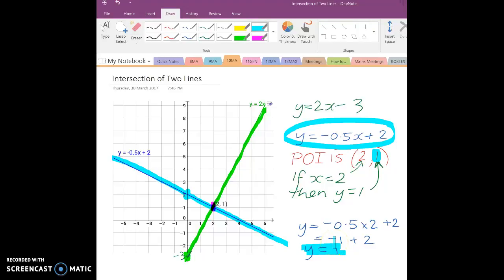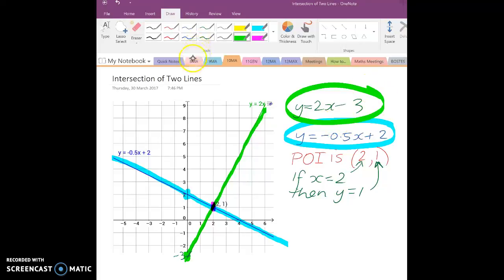Let's see it work for the green one. So let me just back that up. And we're going to try it on the blue one. So, oh, I actually did the blue one, didn't I? Let's do the green one. Okay, so let's do this one here. All right, y equals 2x minus 3.